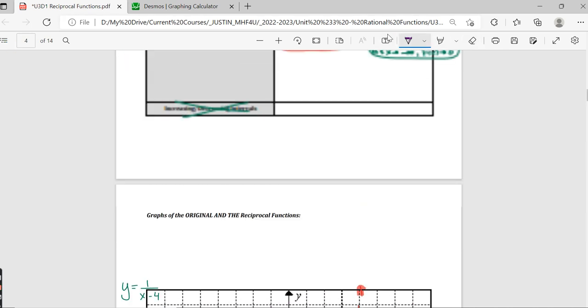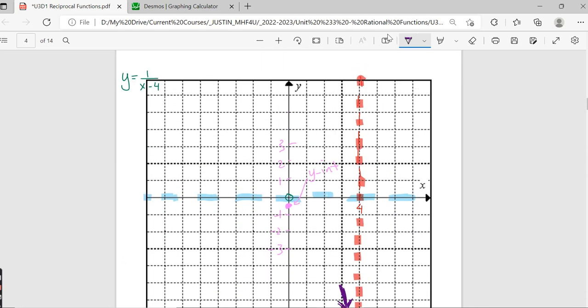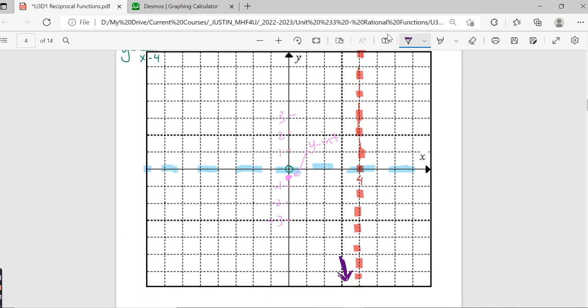Now let's read the next end behavior. As x approaches 4 from the right, f(x) becomes very big. So as x approaches our vertical asymptote from the right, f(x) becomes very big, so it shoots up. So I know my end behavior over here would be right there.